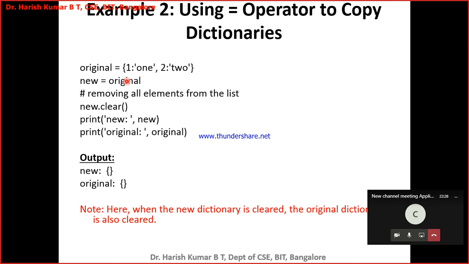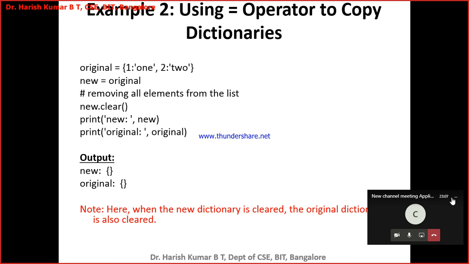After assigning this original dictionary to the new dictionary, I am removing all the items from the new dictionary. Now I'm printing the new dictionary and then the original dictionary. See, if you observe the output, I've cleared the items from the new dictionary, but they are also not there in the original dictionary.